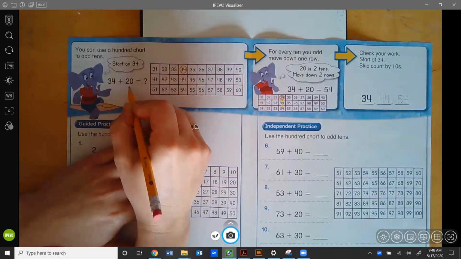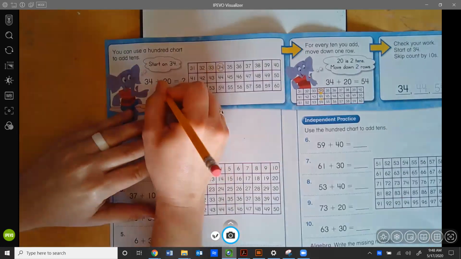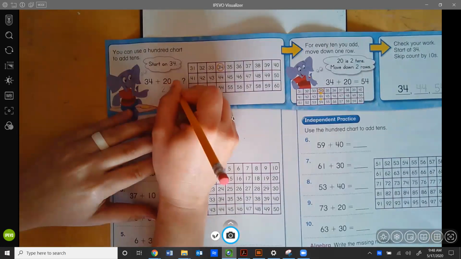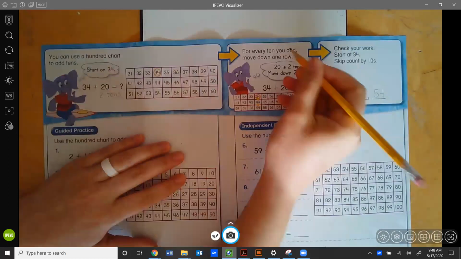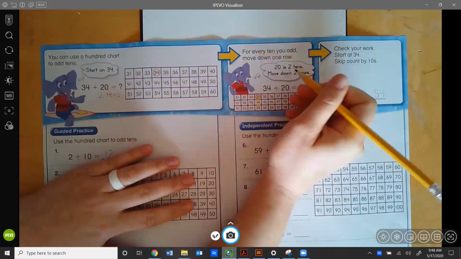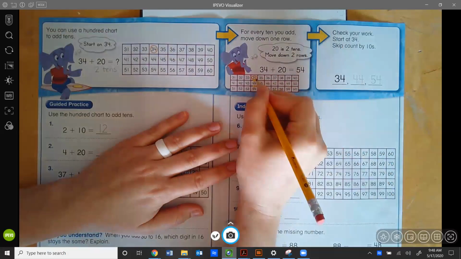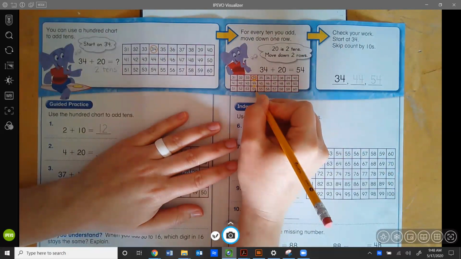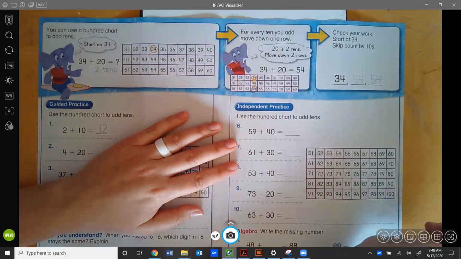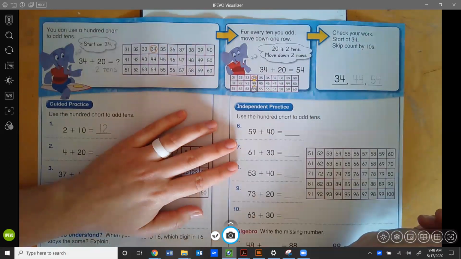They're adding 20, so that's adding 2 tens. And then for every 10 you add, you're going to move down one row. So here is 34. And so I'm going to move down one row. So this is 10, 20. So 34 plus 20 is 54.